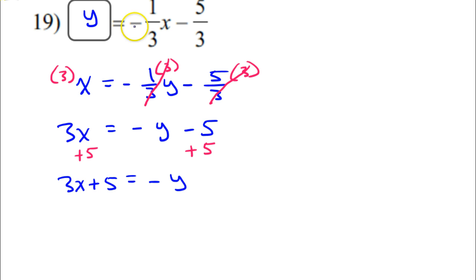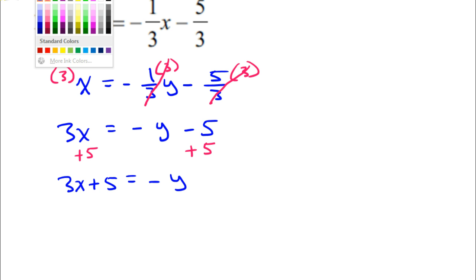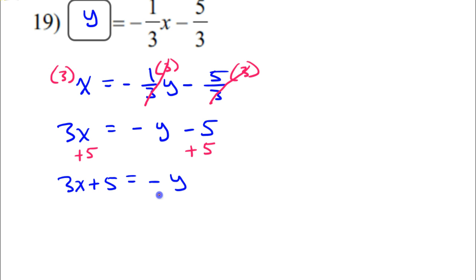I need to just get rid of that negative sign, so I can do that by dividing by negative 1 everywhere. That'll give me y, and over here I'll have negative 3x and minus 5.